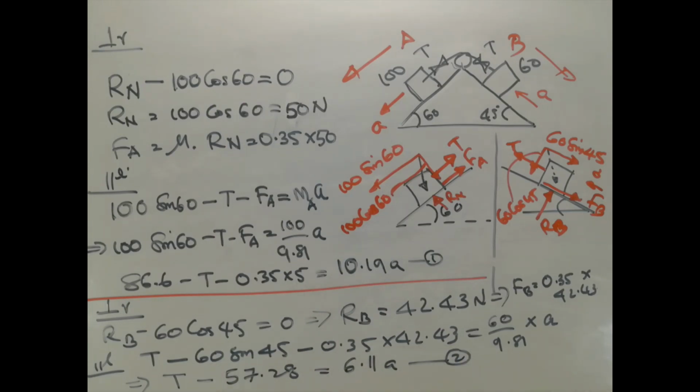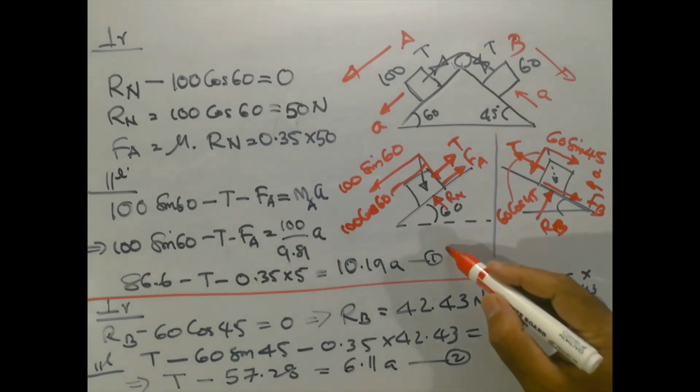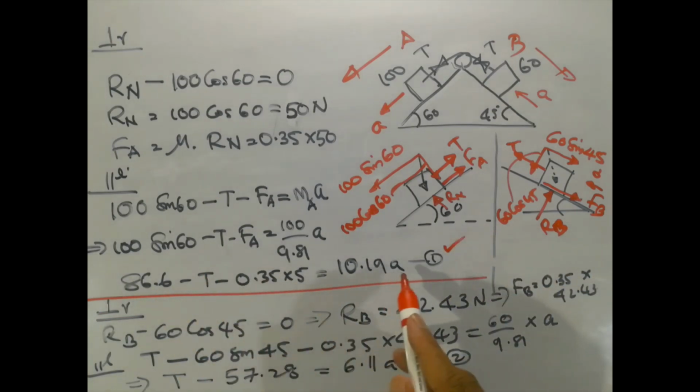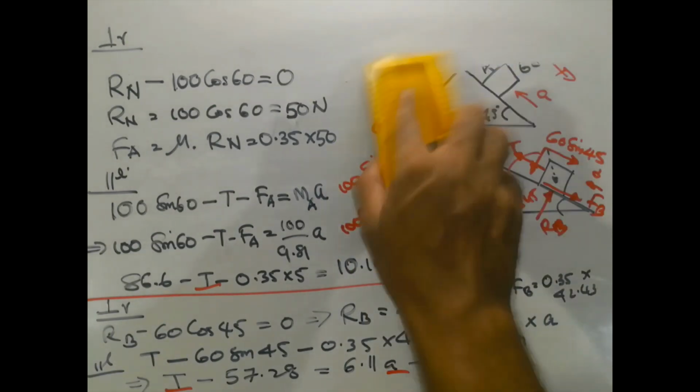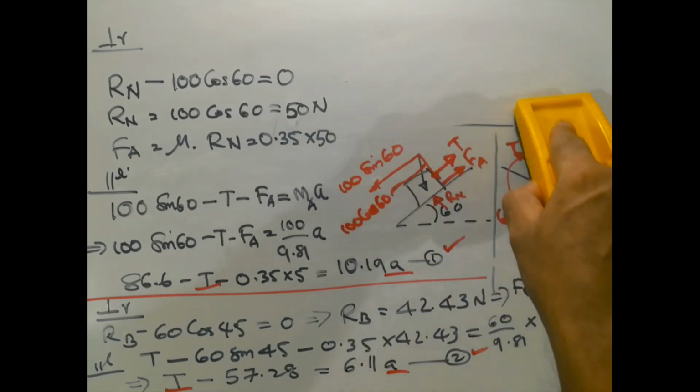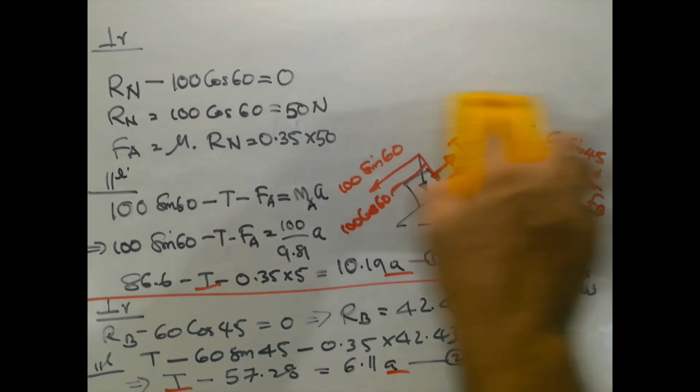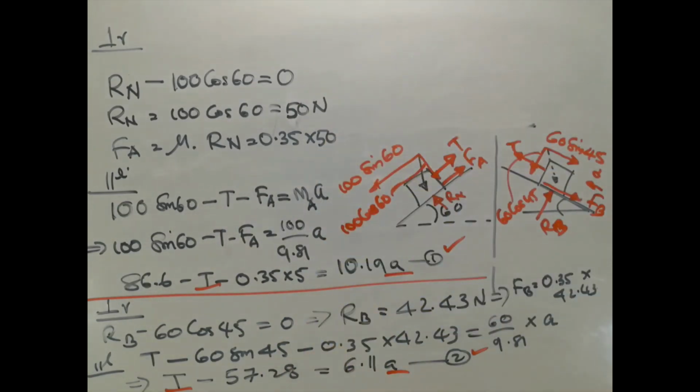So now we have two equations. Equation 1 has two unknowns, T and A. Equation number 2 also has two unknowns, T and A, no other unknowns. So we have two equations and two unknowns. When we solve it, you will get the values of the acceleration of the blocks and tension in the string.